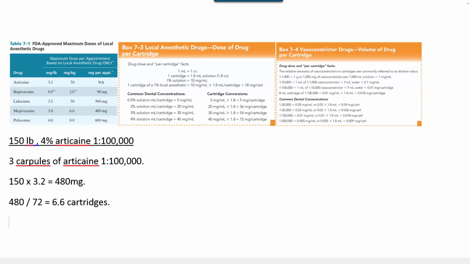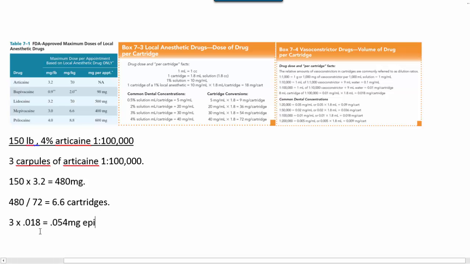But let's check the epinephrine. If he has had 3 carpules already of 1 to 100,000, so that's 3 cartridges times 1 to 100,000, each has 0.018 milligrams of vasoconstrictor, so that comes out to 0.054 milligrams of epinephrine.